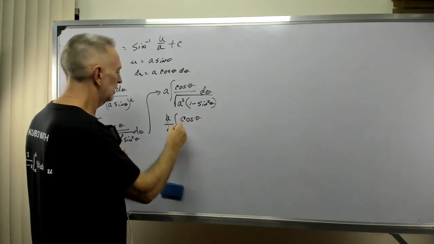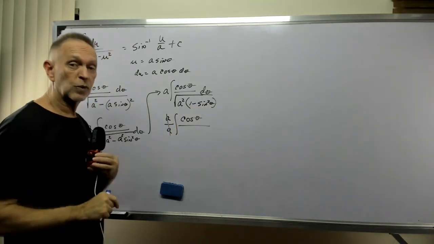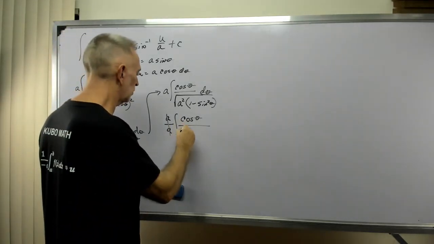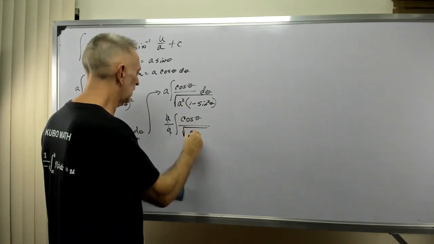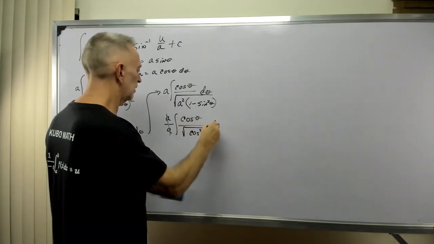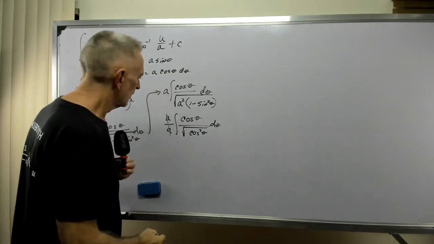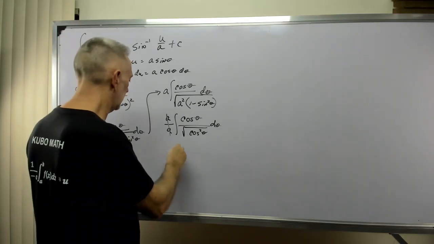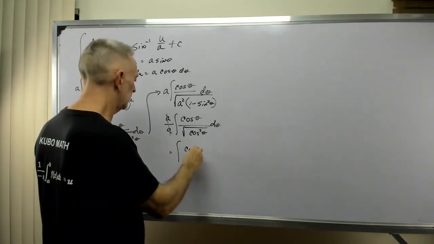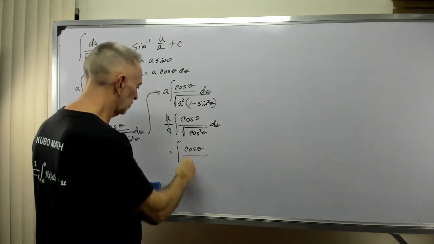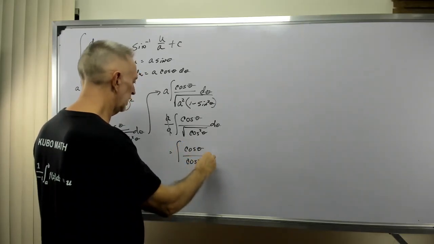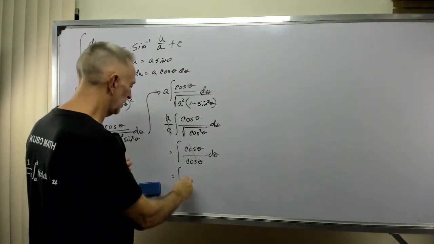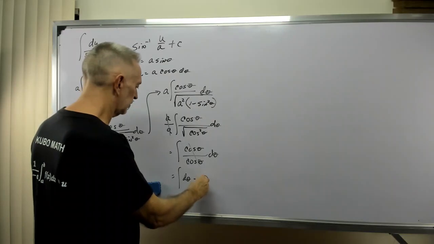I have cosine theta over the square root of 1 minus sine squared theta, and that's cosine squared theta. The square root of cosine squared is cosine. So that equals the integral of cosine theta over cosine theta d theta, which becomes 1. So I end up with the integral of d theta, which is just theta.